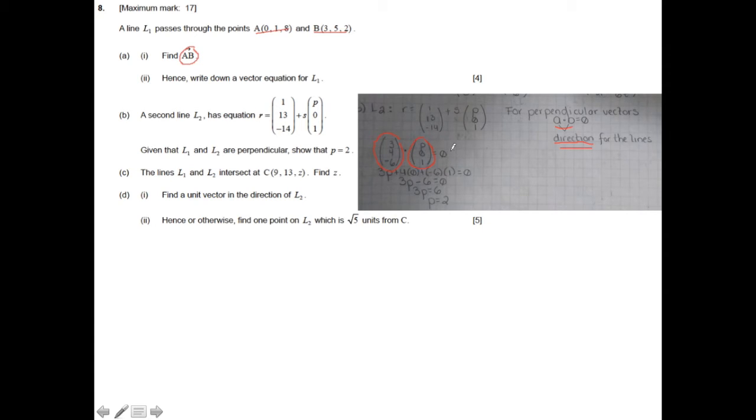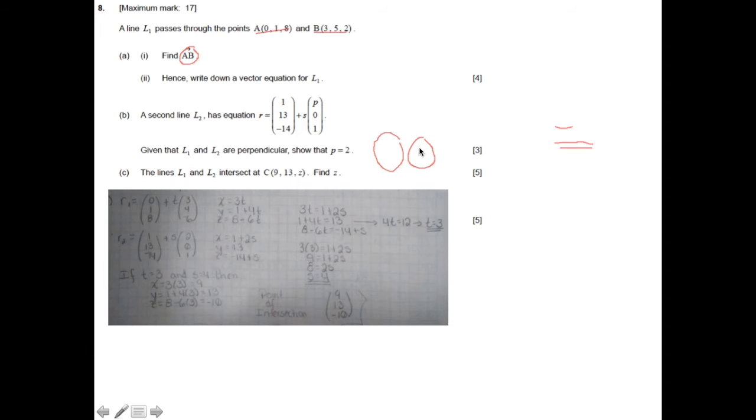All right, letter C says, guys, for you to find the point of intersection of line 1 and line 2. They're already giving you the value of x and the value of y. But if we didn't know x and y, then we know that r1 and r2 can be expressed this way. x is equal to 3t, y is equal to 1 plus 4t, z is equal to 8 minus 6t.